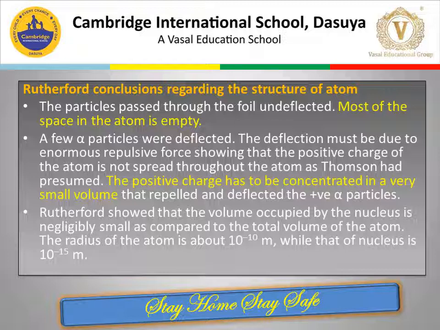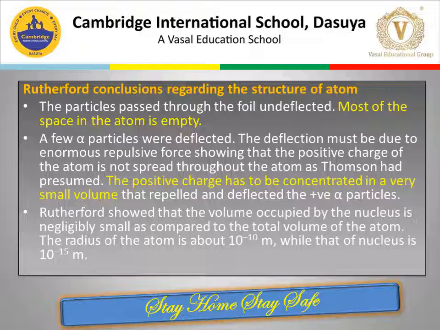Because if the positive charge was distributed in the atom, repelling or deflecting the heavy alpha particle would not be possible. So it was assumed that the positive charge has to be concentrated in a very small volume inside the atom, which caused the deflection of the alpha particles.